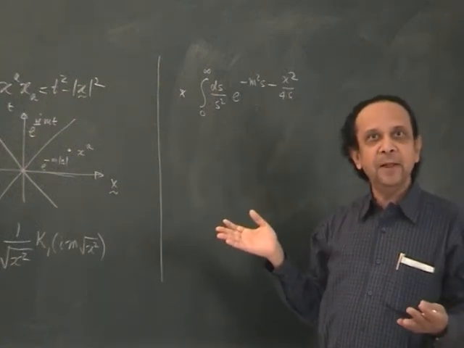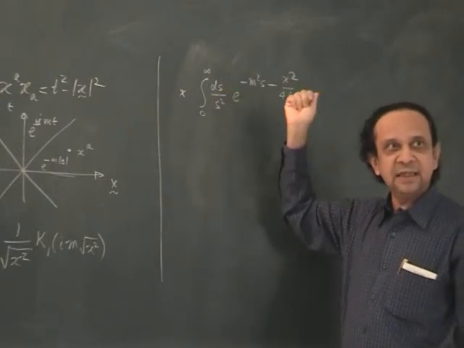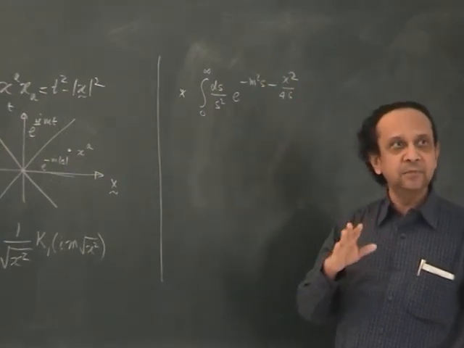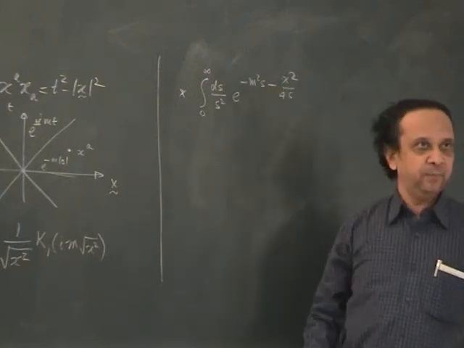Because it is very sharply peaked, you can expand this quantity as a Taylor series expansion about its maximum, and the leading order term will be dominated by the value at which this is the maximum.